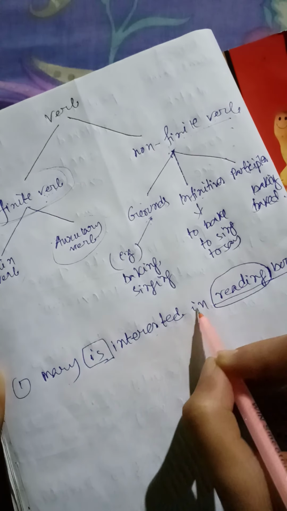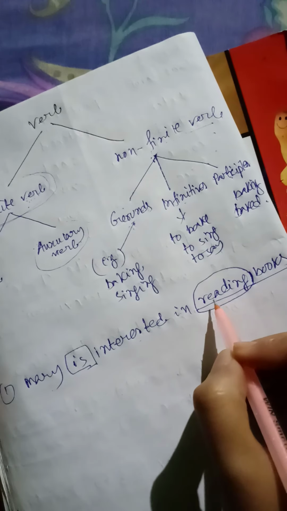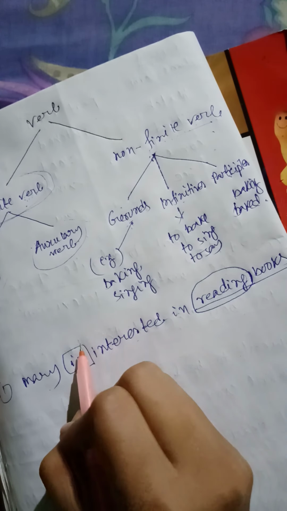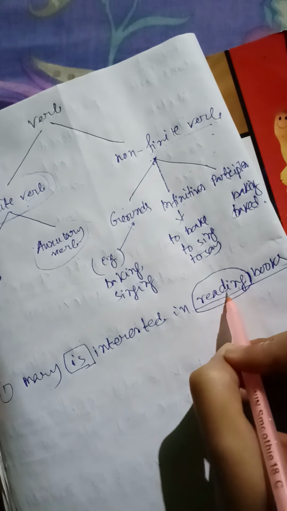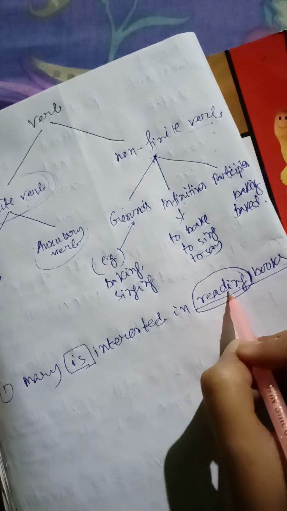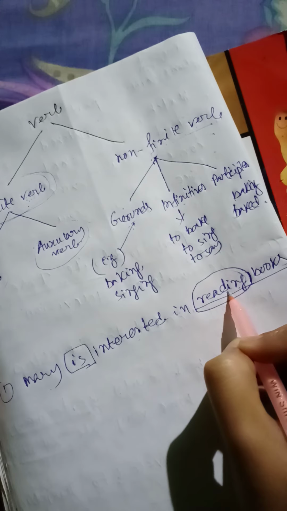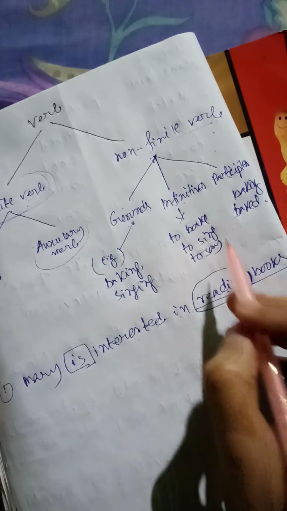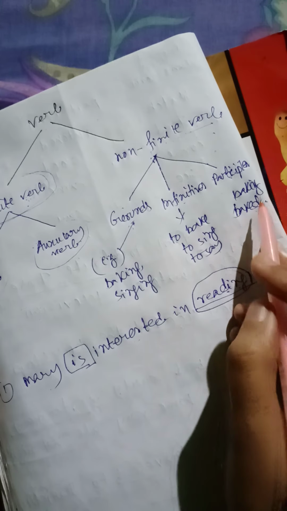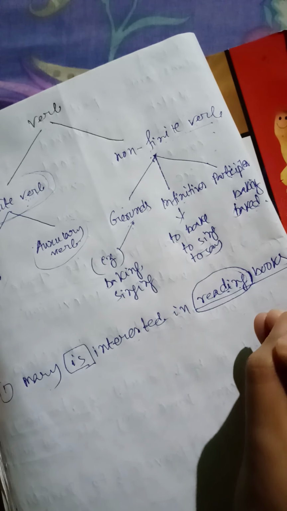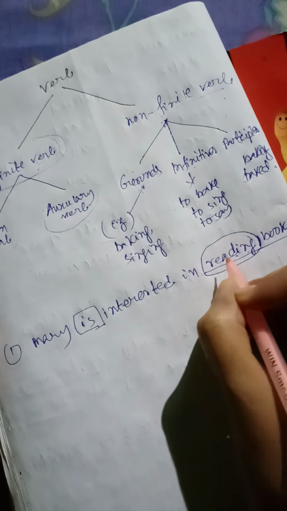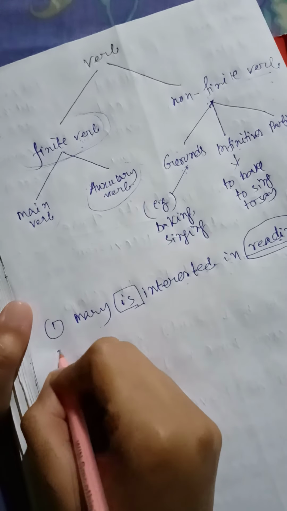Mary is interested in reading books, but we cannot say that this sentence is in present indefinite tense by looking at this non-finite verb, that is reading. Okay, when the verb is used with ing, or with to, like to bake, or by adding ed, d, and ing, then these forms of verb are called non-finite verbs.